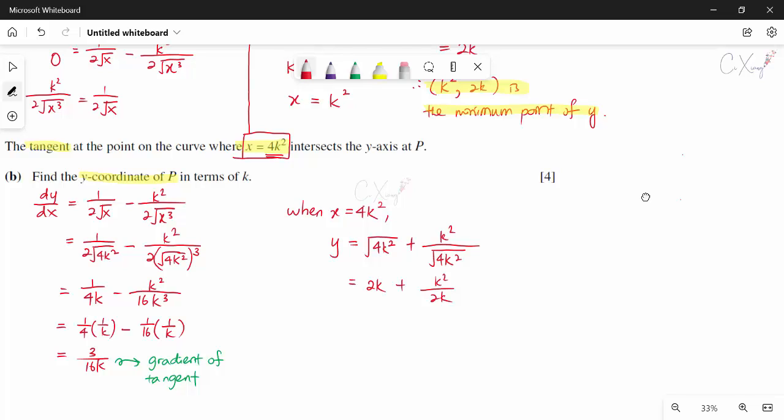So I will have 2k, plus, I can simplify the k here, so I have k over 2, or you can write 1 over 2 multiplied with k. So 2k plus 1 over 2k, you have 5 over 2k. So the coordinate now will be 4k squared with 5 over 2k.